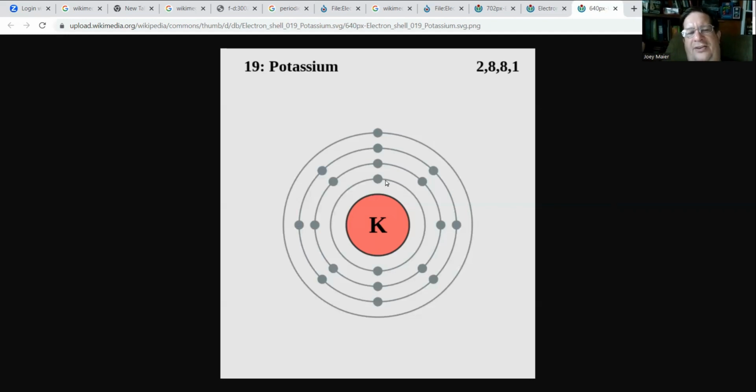But if you do that, you have 19 protons and only 18 electrons. There's no longer a balance, and there'll be an overall charge at that point. And that's how we create an ion, a charged particle, a charged atom. Any atom that gains or loses electrons is an ion. And we'll talk more about that. But the thing I want you to get here is electron shells and the fact that atoms want to have full or 8.